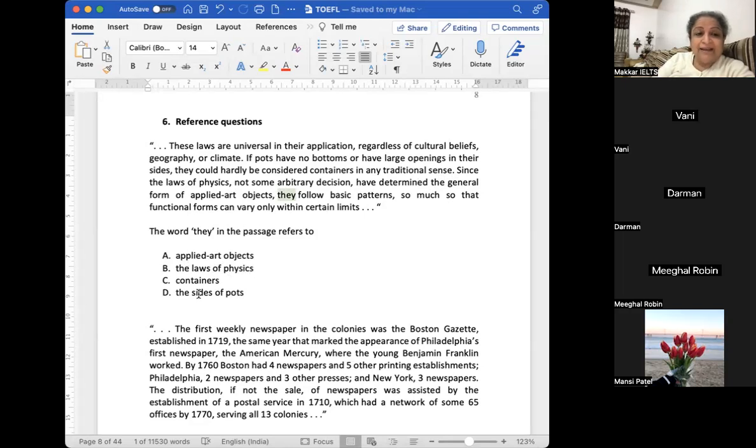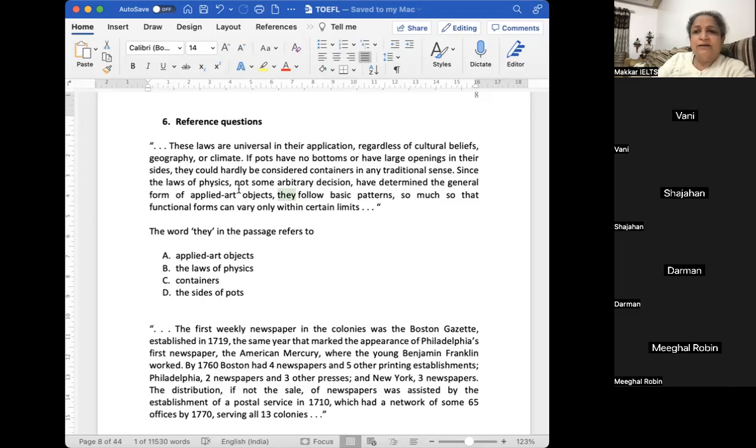A, not B. Containers and the, देखो आप इसको ध्यान से पढ़ो. Since the laws of physics, not some arbitrary decision, have determined the general form of applied art objects, they follow basic pattern. तो ये they किसके लिए है? Applied art objects के लिए. Okay, is that clear?